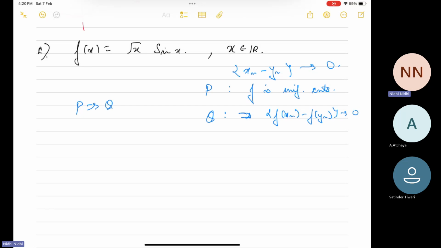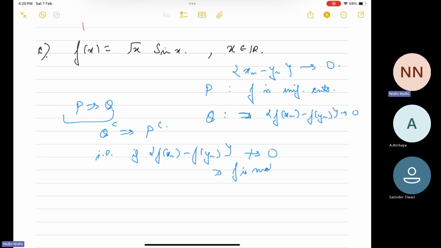The contrapositive of this is not q implies not p. That is, if f(xn) minus f(yn) does not converge to zero, then f is not uniformly continuous. So this result cannot be used to prove uniform continuity.